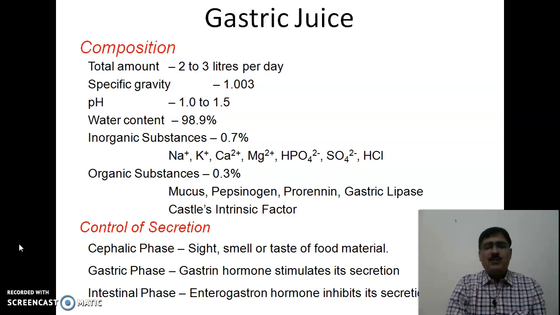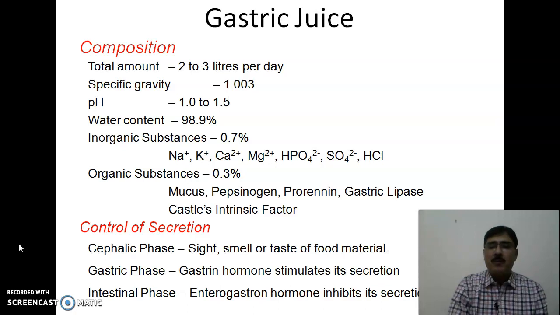The organic substances include mucus, which is responsible for making an impermeable layer at the gastric mucosa; pepsinogen, the inactive form of pepsin, which when it comes in contact with hydrochloric acid becomes the active form, that is pepsin; prorenin, the inactive form of the enzyme renin, which in the presence of pepsin is converted into renin; gastric lipase and caseinase; and intrinsic factor.